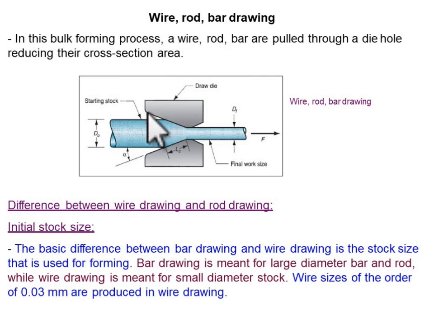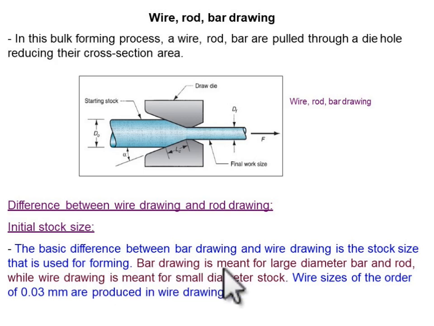So this is the die, this is the initial diameter of the rod, and this is the final diameter of the rod. Now we need to know the criteria on the basis of which we define wire drawing and rod drawing. The difference between bar drawing and wire drawing is the stock size used for the forming process.